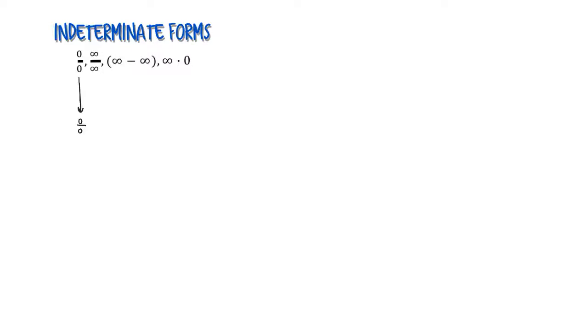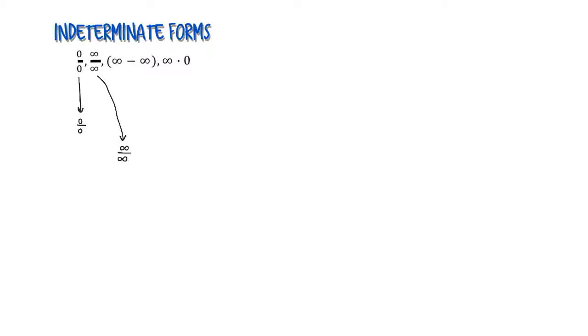And 0 over 0, again, says nothing about the limit of the function. The limit may or may not exist. That just means that you're going to have to do some sort of algebraic manipulation to carry on the investigation of the limit. Other forms of indeterminate cases are infinity over infinity.